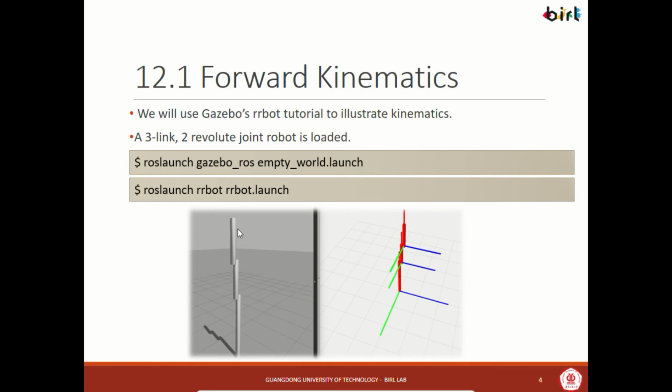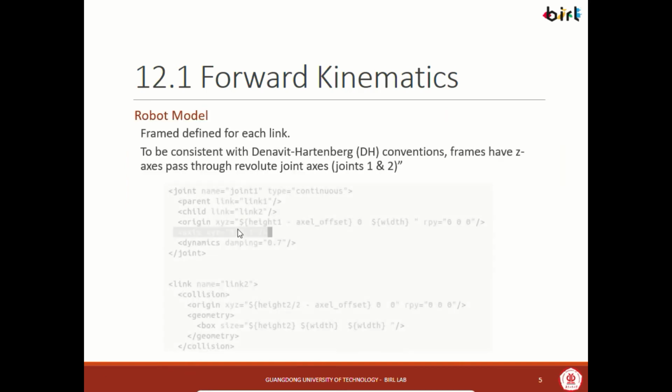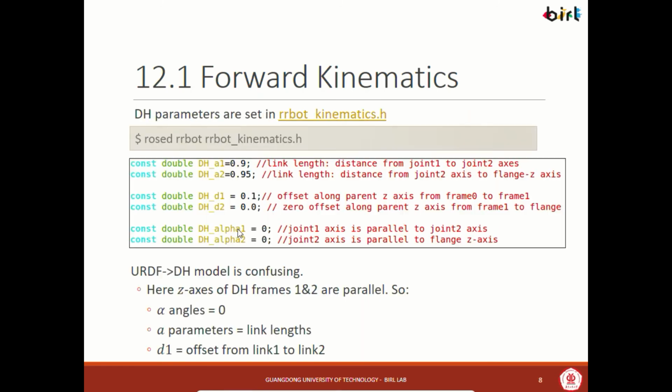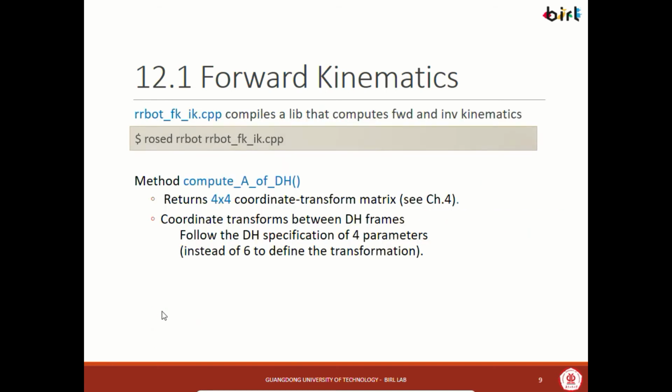That's right? So here the alpha angles are set to 0. The A parameters are the link lengths, and the D1 is the offset along Z from link 1 to link 2. Okay, so we get that set up.